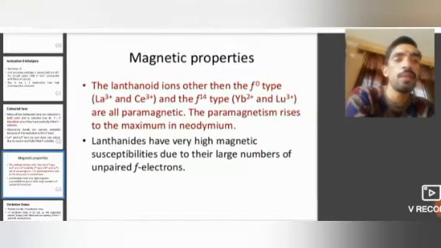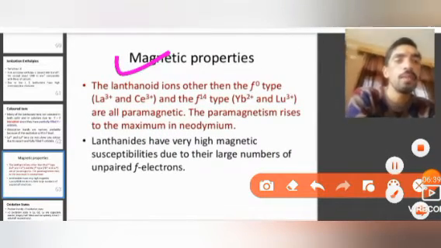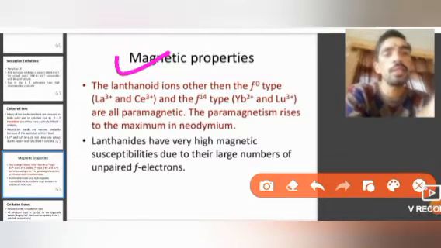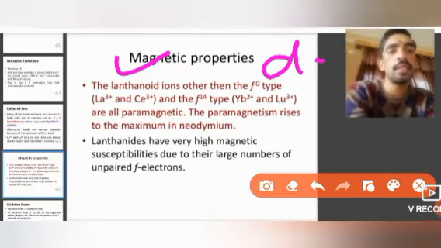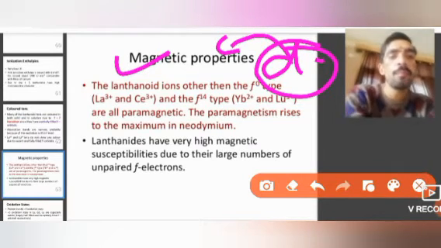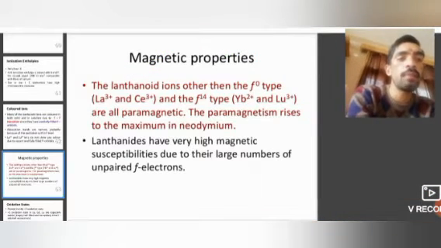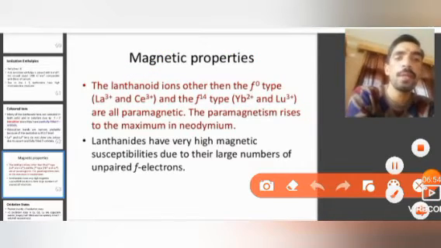third property. Now the next property is magnetic properties. It is also one of the important properties. Here I just want to tell you, dear students, all those properties which we have studied in d orbitals, similar properties are there in f orbitals also, because the f orbital is present next to the d orbital and it possesses the maximum of the properties of d block in f block also.